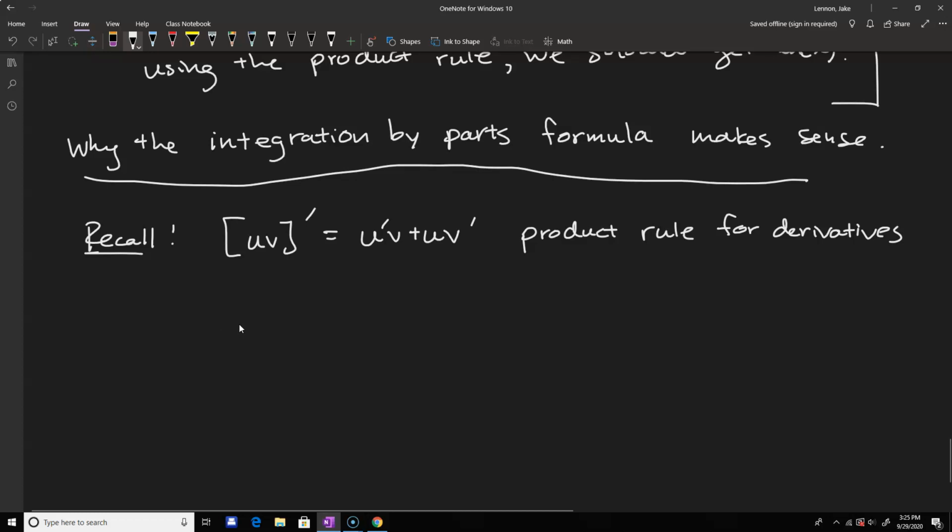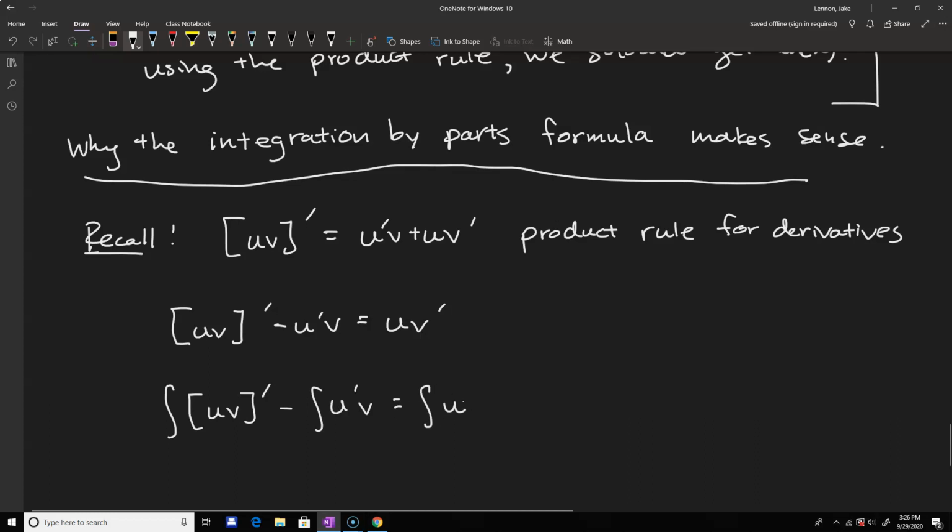So, what would happen if we rewrote this as uv prime, and then on both sides we subtracted u prime v, so we have minus u prime v is equal to uv prime. And then if we integrated both sides, we would have the integral of uv prime minus the integral of u prime v, and this would equal the integral of uv prime.